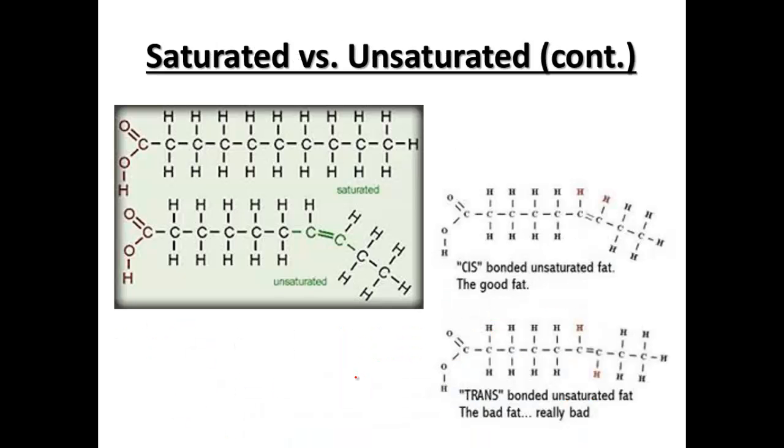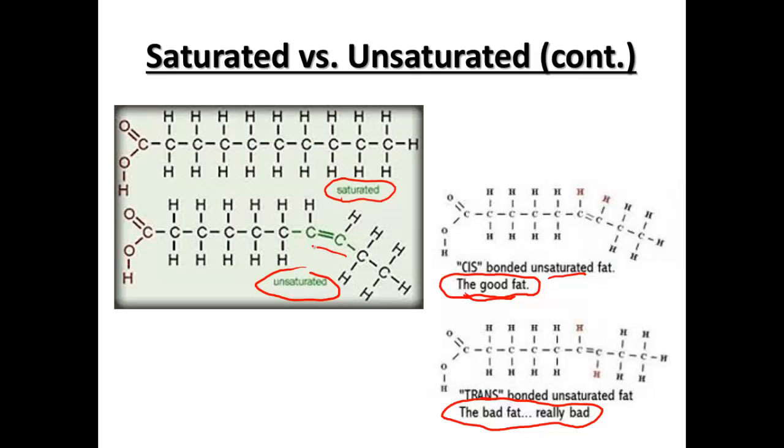Where we might see that in regular life, you hear about good fats versus the bad fats when it comes to foods. In the saturated ones, we have all carbons with hydrogen connected. In unsaturated, we have at least one double bond, so we're missing some hydrogens from down on this bottom part.